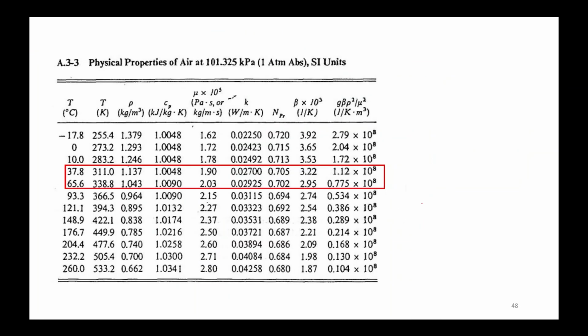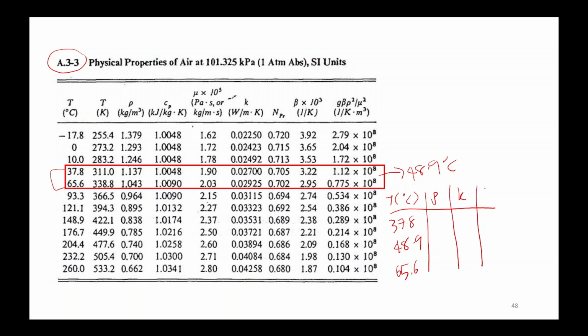You might have to do interpolation. Here I show you this table. 48.9 degrees Celsius is between 57.8 and 65.6, so obviously you have to do linear interpolation. I'm not sure how you do it, but this is my way.